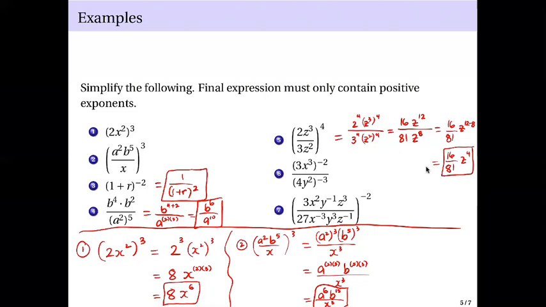Another way, since you already have the z cubed over z squared, you can simplify this z immediately. So let's do this in another way.